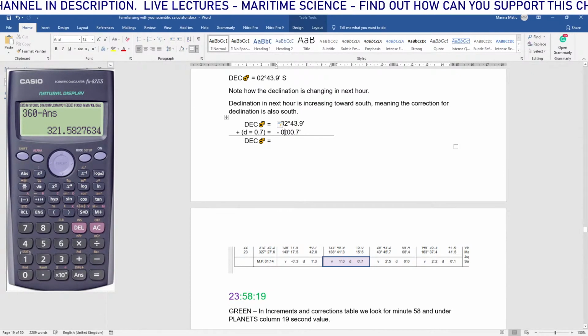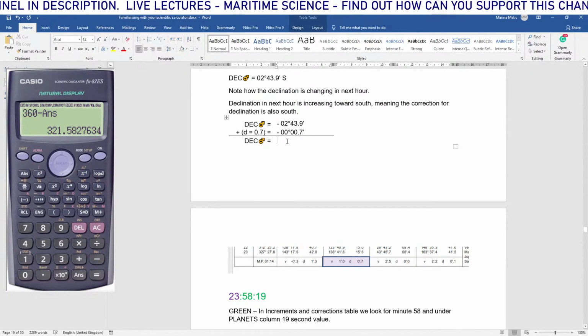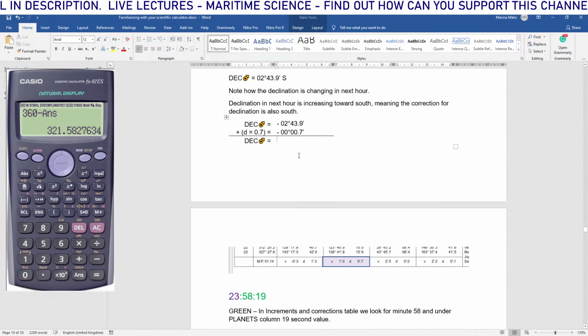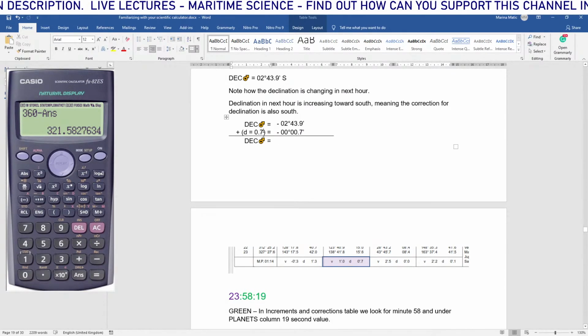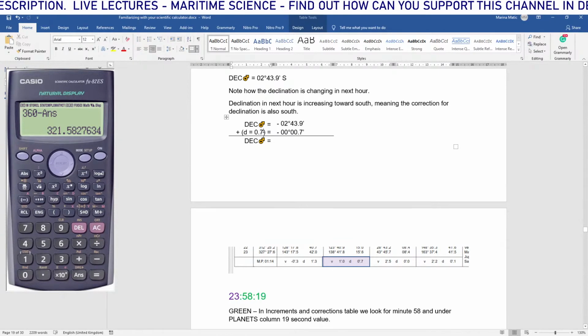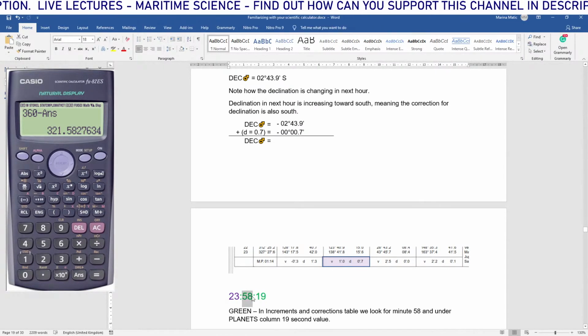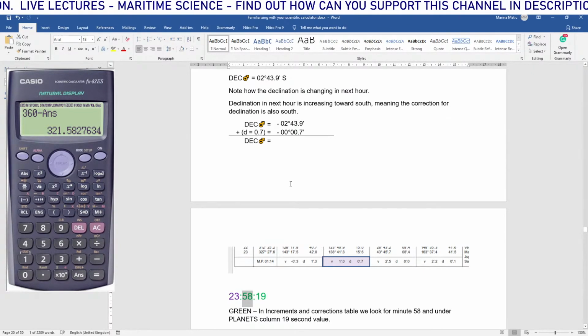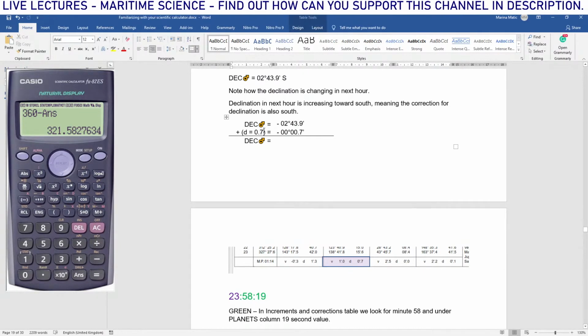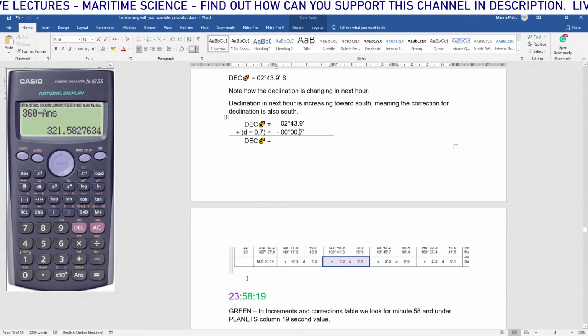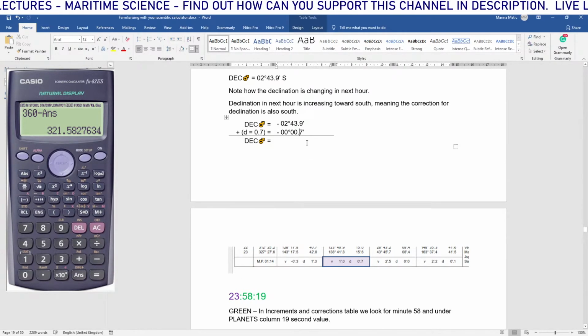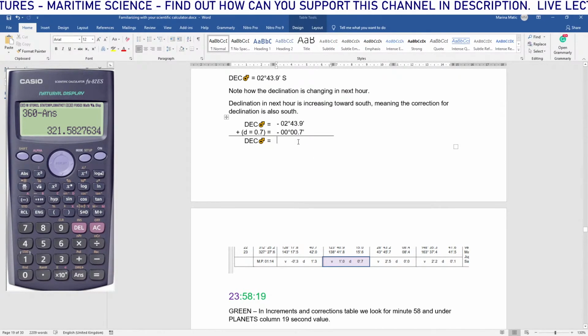It just so happens because we are very close to a full hour. 0.7 is how declination is changing in a whole hour, and our time is 58 minutes. That's very close to a full hour, so that is why these two numbers are the same. But in reality, if this was 38 minutes, it would not be 0.7. It would be some different value.